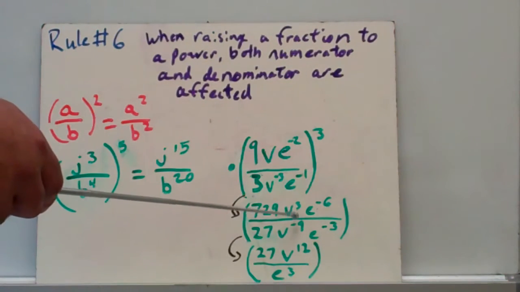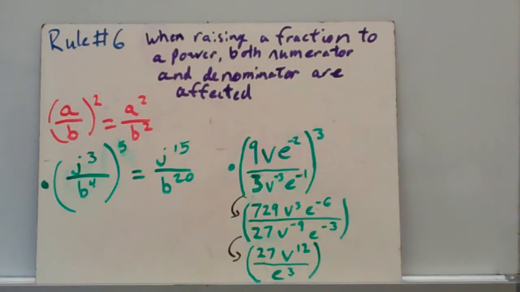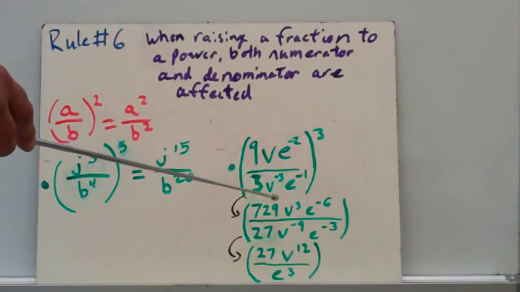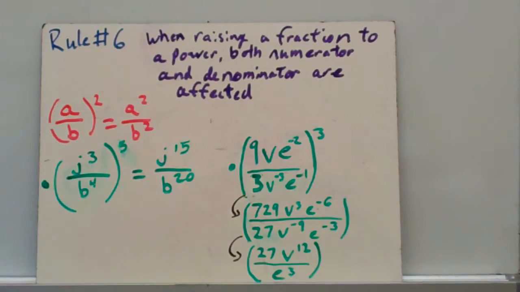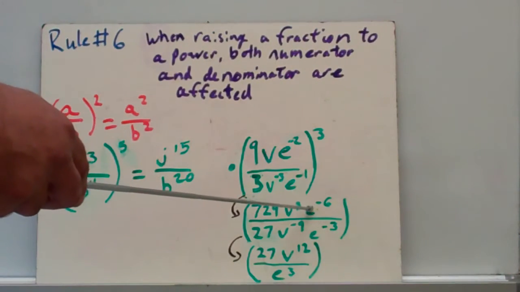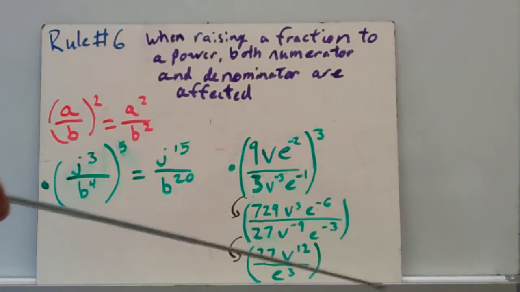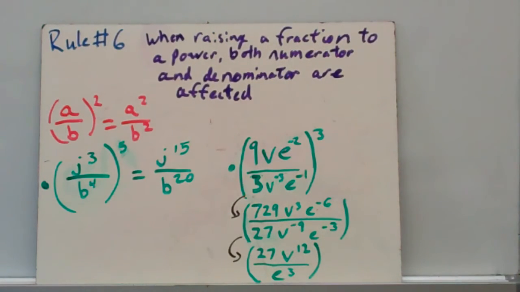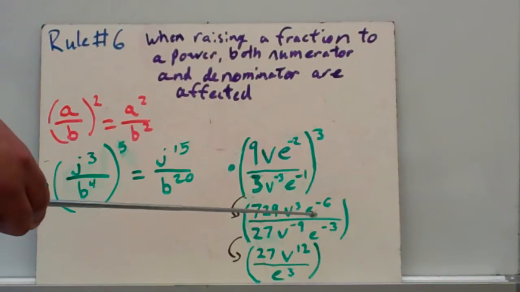With the v's, the v in the denominator to the negative ninth, in order to make that positive, needs to go up to the numerator, and then we can combine that with v to the third and end up with v to the 12th. And then finally, the e's in both the numerator and denominator, in order for them to be positive, need to change levels.